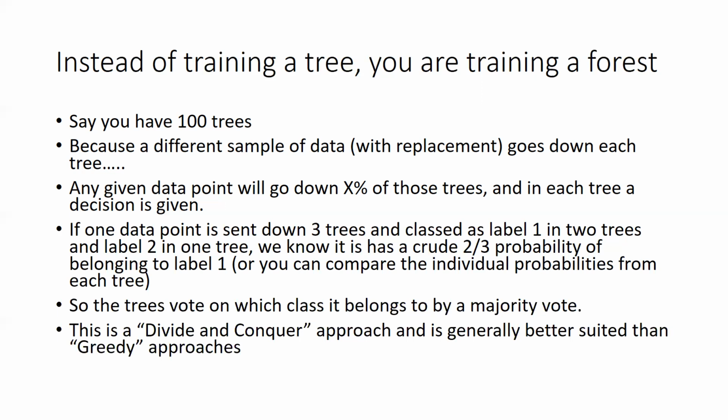So this overall strategy is called divide and conquer. We're splitting up our problem into lots of small problems, and you bring them all together to conquer the problem as a whole. And so this is different to greedy algorithms. Remember, greedy algorithms just try to find the best splits in order. In the divide and conquer technique, we don't really put priority on that. We're just going to say, as long as each tree learns something different from the other, when I bring the results together, I should arrive at the big picture.